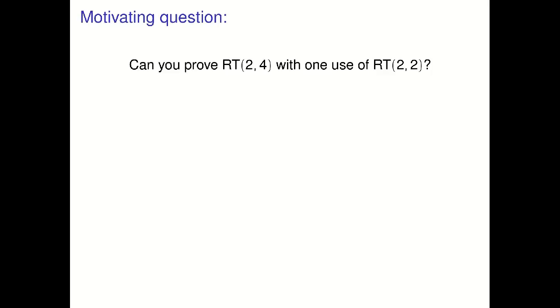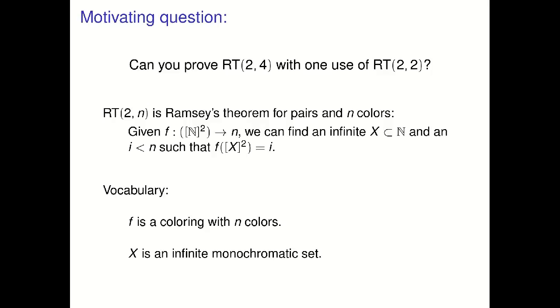The difficulty with this for most people is I'm already using terminology that's amazingly cryptic, right? So RT here is really just Ramsey's theorem, and you may or may not be familiar with that.